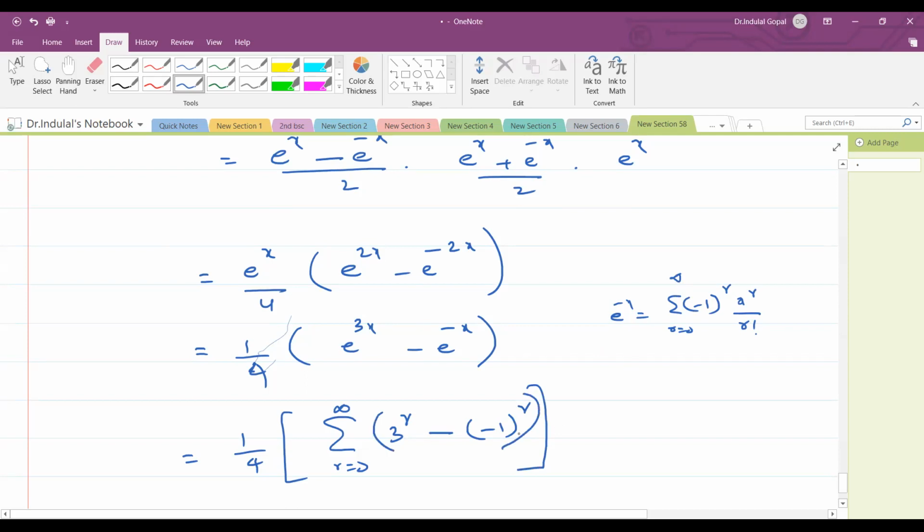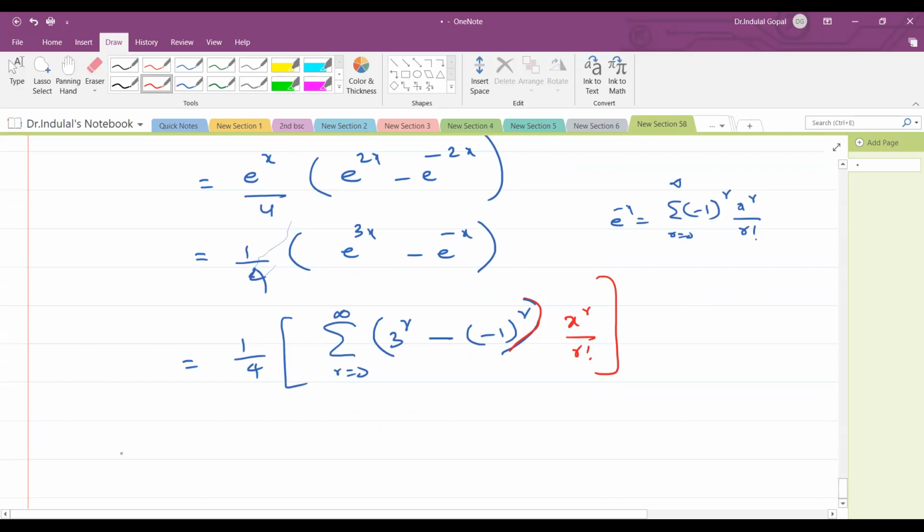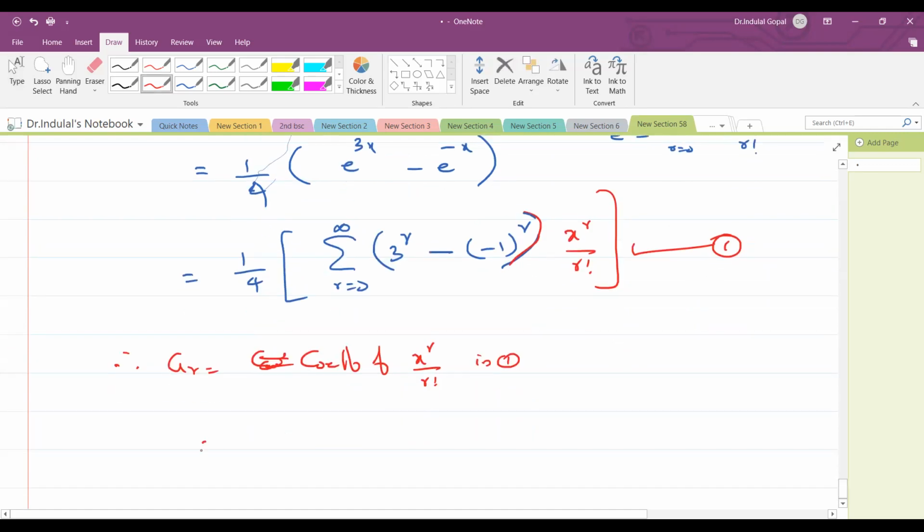Therefore, A_r is equal to the coefficient of x raised to r by r factorial, that is 1 by 4 times (3 raised to r minus 1).